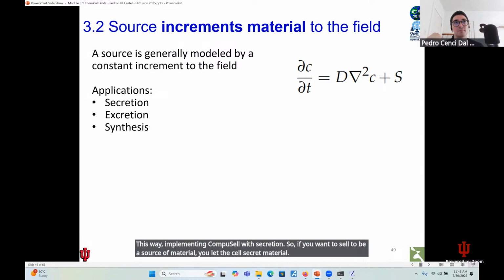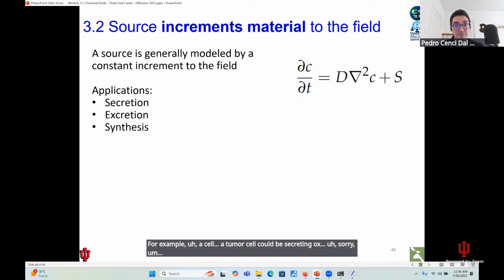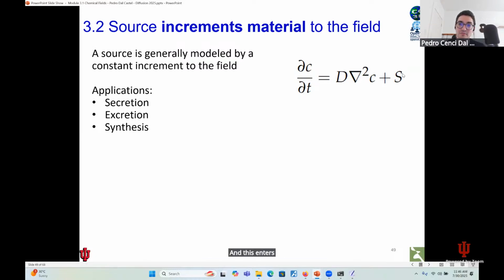For example, a tumor cell could be secreting VEGF that promotes vascularization, for example. And this enters in the diffusion equation by simply a positive term. It does not depend on the intensity of the field like decay does. It's simply a constant pumping of material to the field.